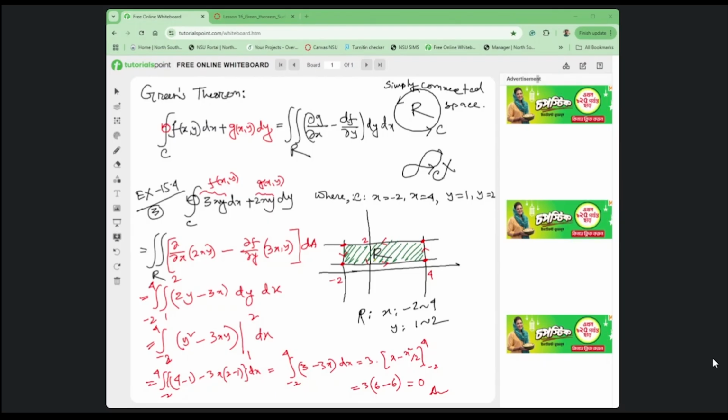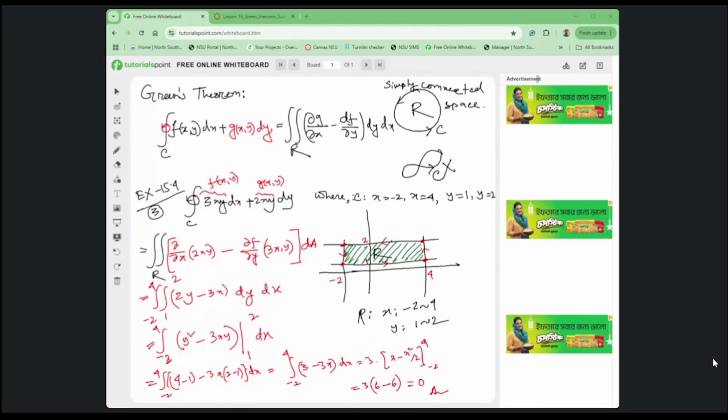So I believe you have got the same answer as I have gotten here, 0, right? Okay. So now the 0 indicates, as I said last class, if it is a work done process, 0 means no work is done. If we return from one point to another point, that means the system is conservative.